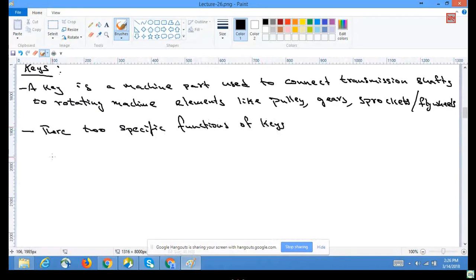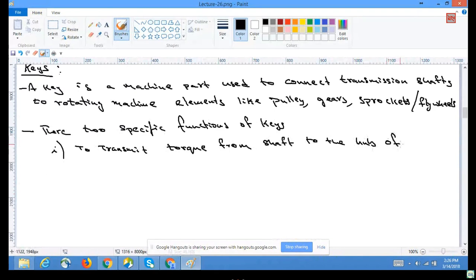They are to transmit torque from shaft to the hub of the mating element, or vice versa.